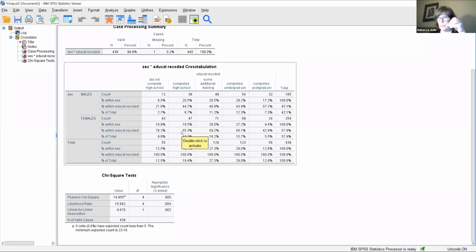So there's a slight increase in the females who completed high school compared with the males in that category. There were a total of 85 out of the sample who did not complete high school. See right here at the bottom, total of 85 did not complete high school. So that's how you can read that.